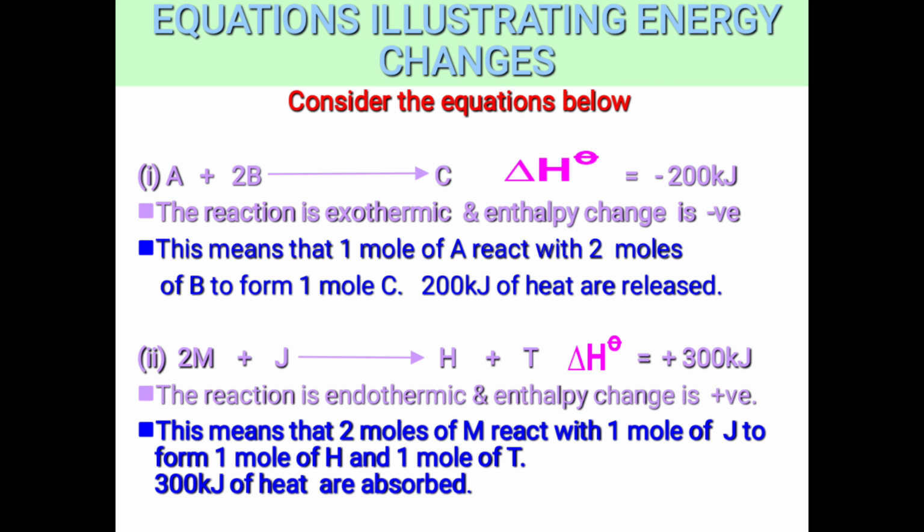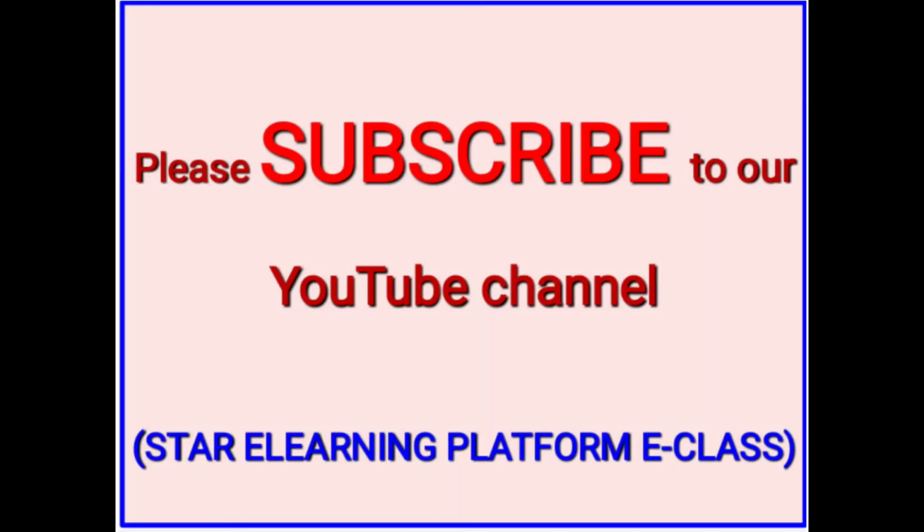When energy is released, then we should have a negative sign, because the products are going to have less energy as the excess energy is released. So the ΔH is going to be negative, while here the ΔH is positive. I've already explained that. So in our next lesson, we are going to look at many more explanations.